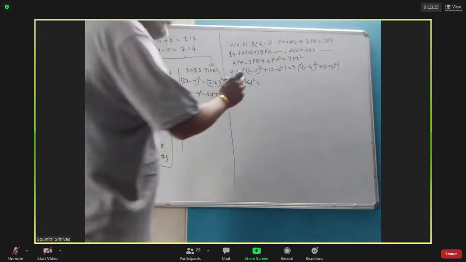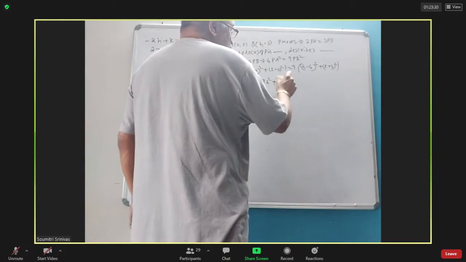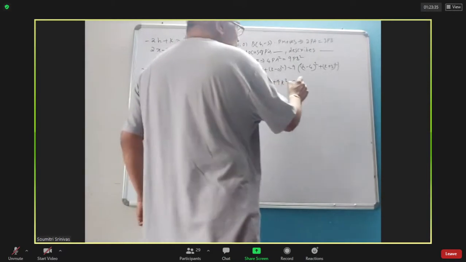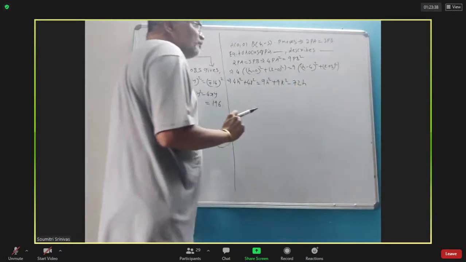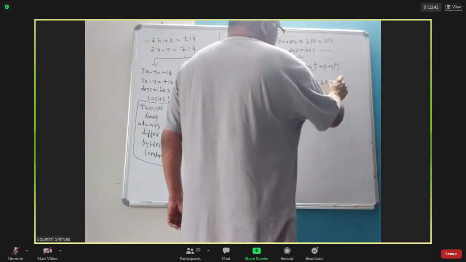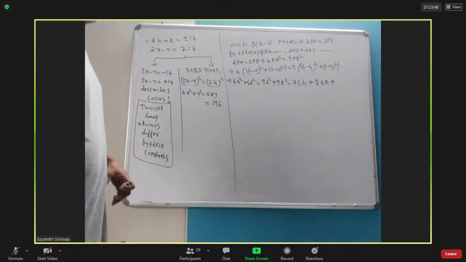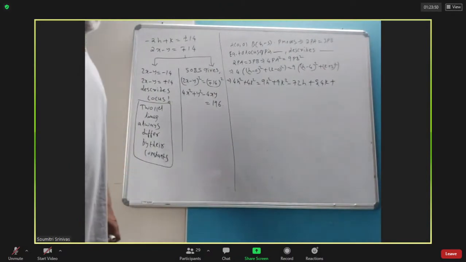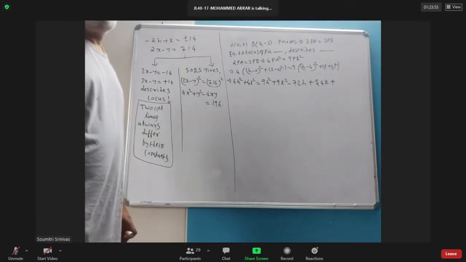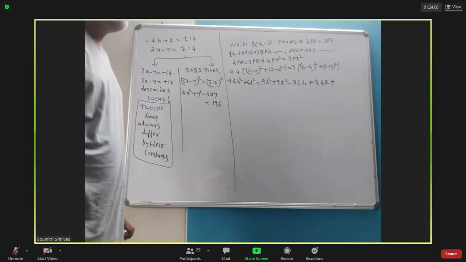Right hand side: 9h square, 9k square. 4 twos 8, 8 nines 72. 6 nines 54. 16 plus 9, 25. 25 nines 225. 144, sir. 25 into 9 is 225, sir.